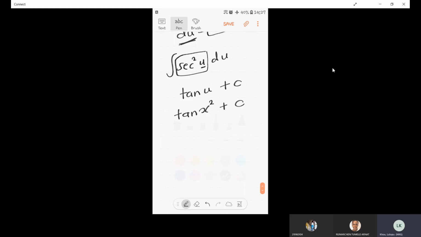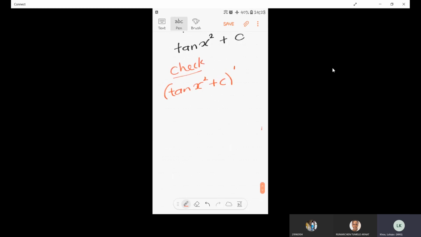Then we can always check, see if our substitution is correct or the way we have done it. Now if I have tan of x squared plus c, and I want to differentiate this, the derivative of tan is sec squared, and the inside stays the same. Then I multiply this by the derivative of the inside, which is x squared.